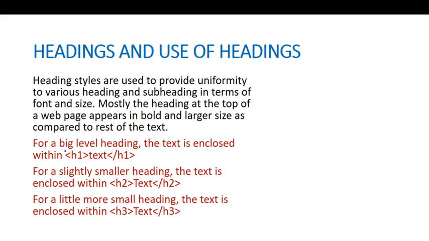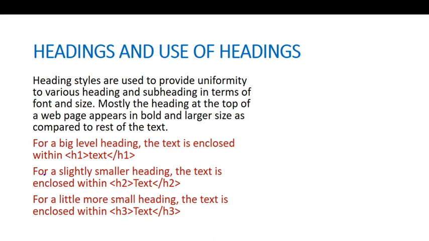For a bigger level heading, the text is enclosed within H1 and the closing tag H1. Between these two, whatever is written will be displayed on the browser screen with the heading level being used.